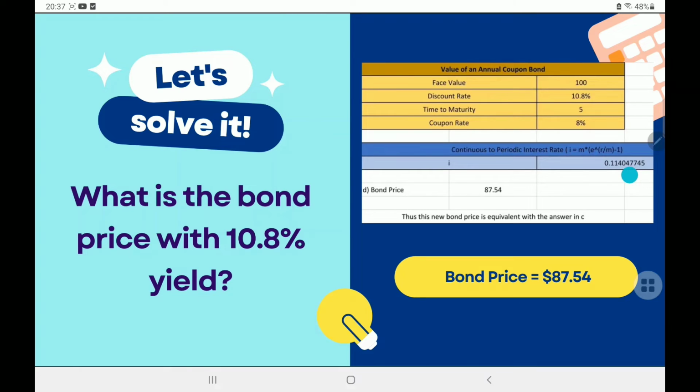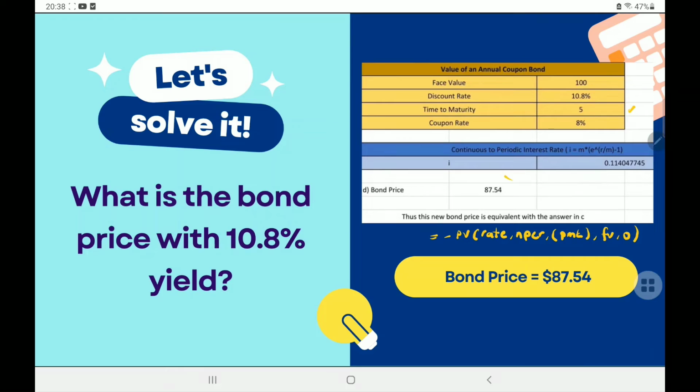0.114047745. Then, for the bond price, we need to use the PV formula, which is negative PV with rate I, number of periods 5, payment per period, which is 100 times 8%, the FV, which is 100, and 0, because we pay at the end of the year.